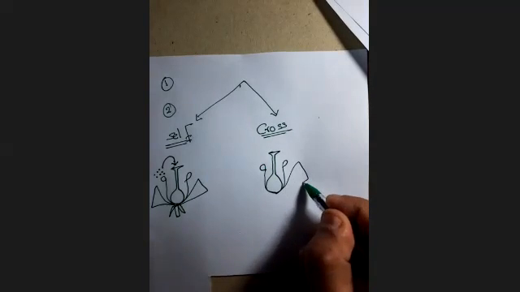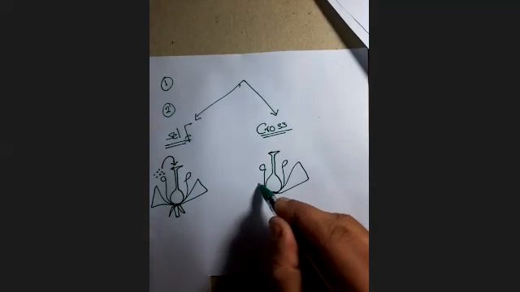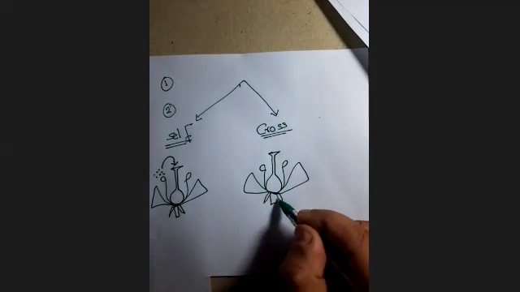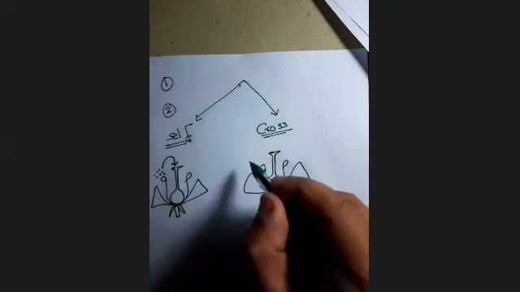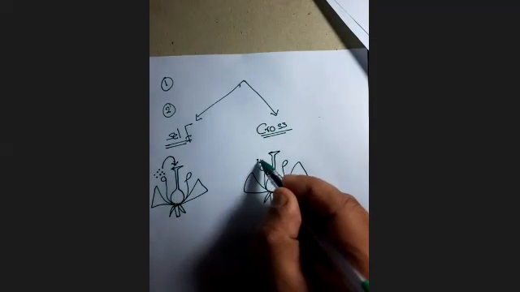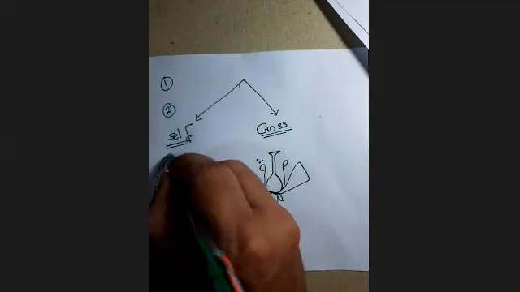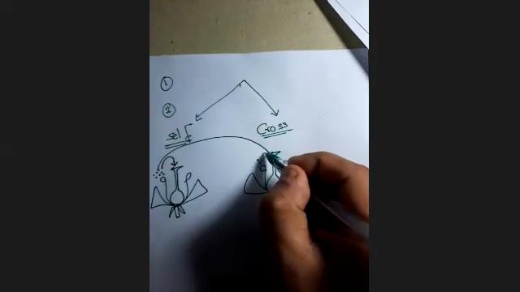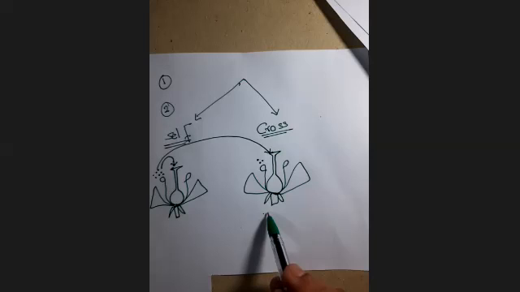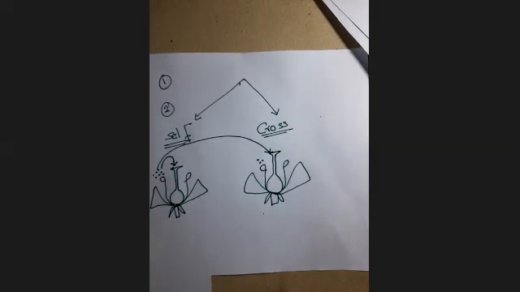If the pollen of one flower reaches the stigma of another flower, it is called, what's it? Cross-pollination. Right. Remember, this other flower can be in the same plant or it can be in a different plant.